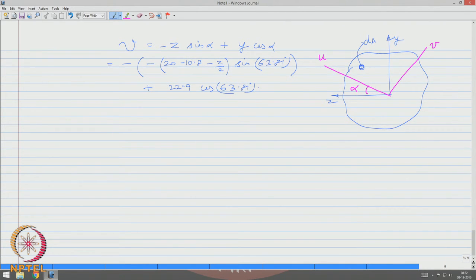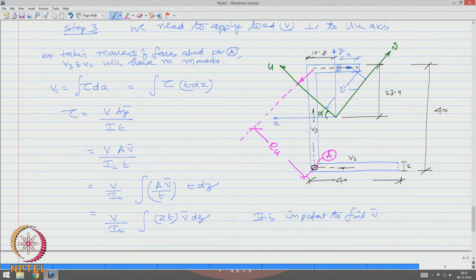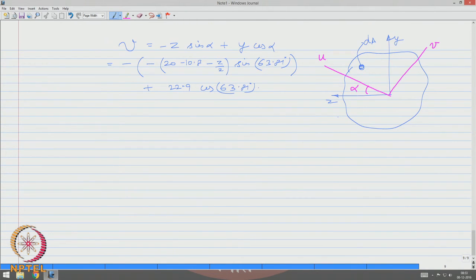Now, the question is why this is negative. You can see here this is 20, the CG of this point is on the negative side of z, okay. That is why it is minus.